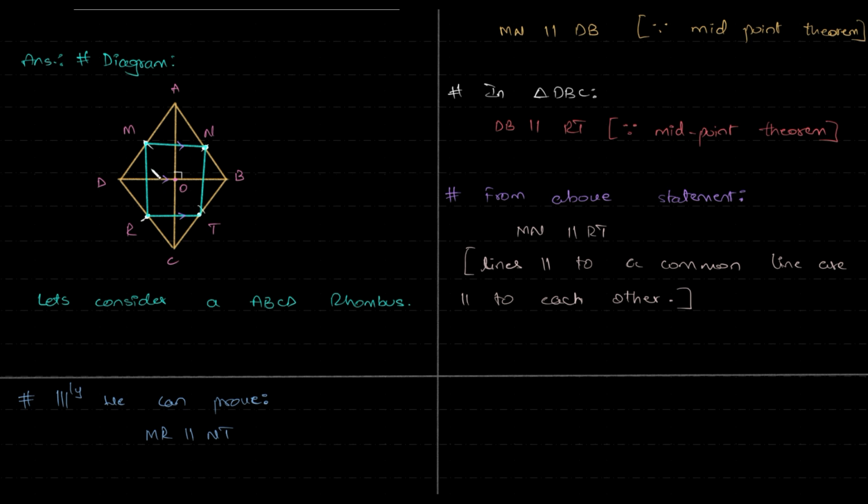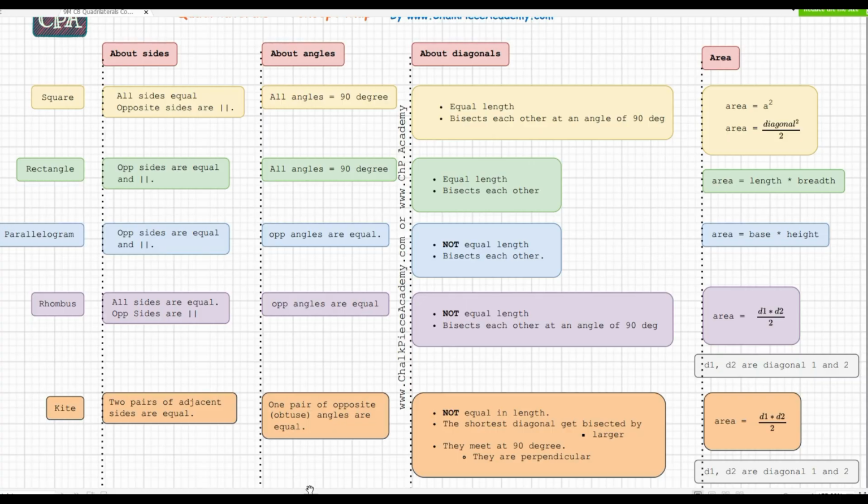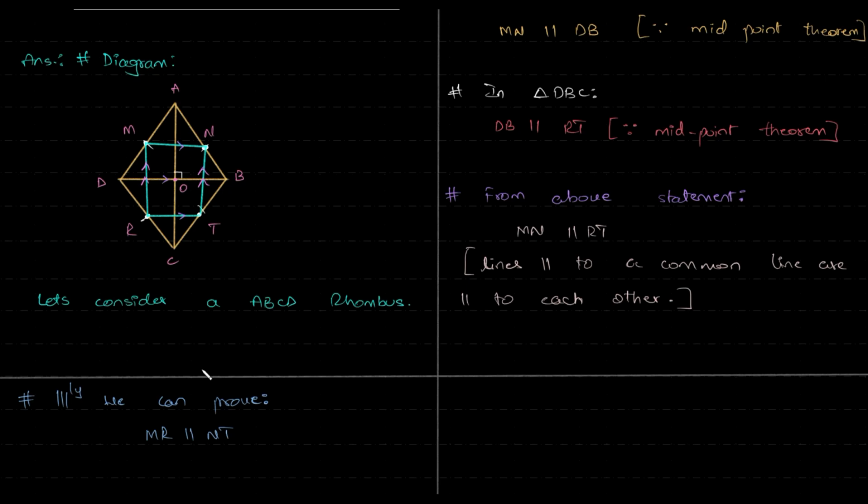So we basically have the opposite sides of this quadrilateral parallel to each other. The next question is, what kind of figure is it? Is it a parallelogram? Is it a rhombus? Is it a rectangle? Or is it a square? So what differentiates it? Yes, whether the lengths are equal or not and whether the angles are 90 or not.